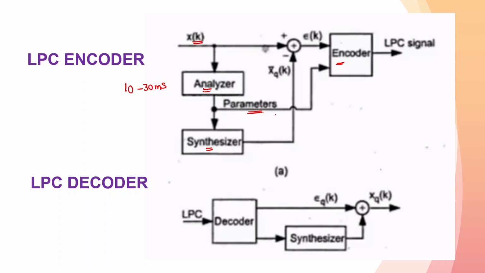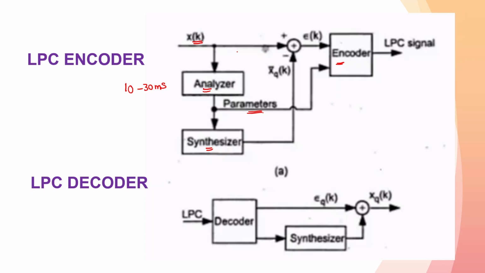under consideration. These parameters are fed to the encoder for onward transmission to the receiver, and also fed to the synthesizer for locally generating the estimate of the speech that the receiver would synthesize.